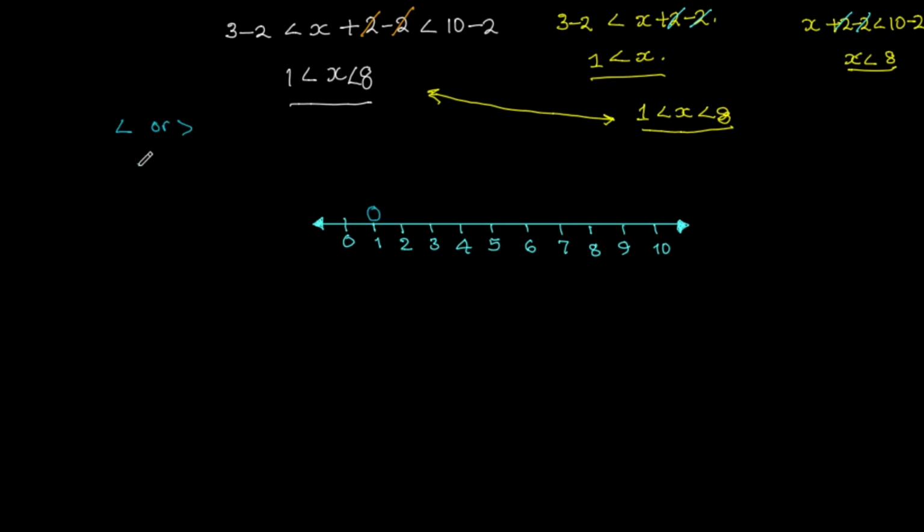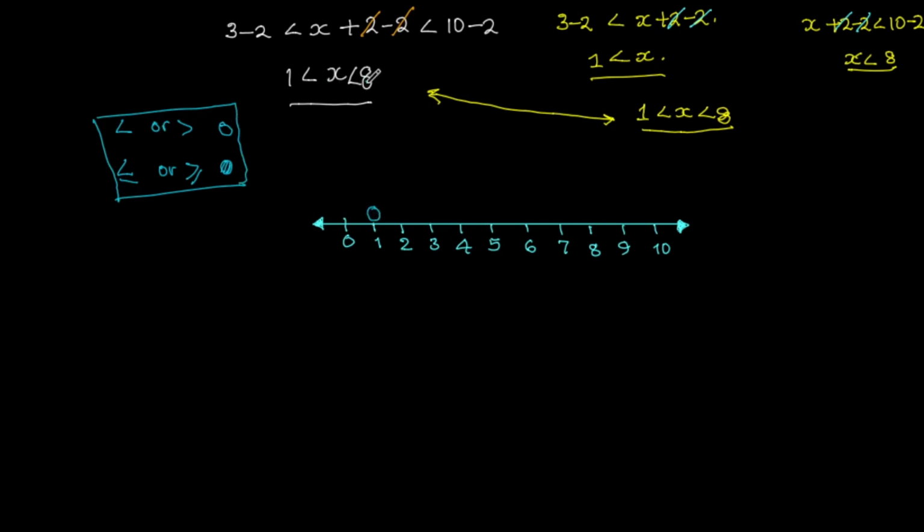But if you have less than or equal to or greater than or equal to, then you'll have a circle that is shaded. So putting this in mind, we see that what we have here from our solution are only these signs that were involved. So for that case, we're leaving this empty.